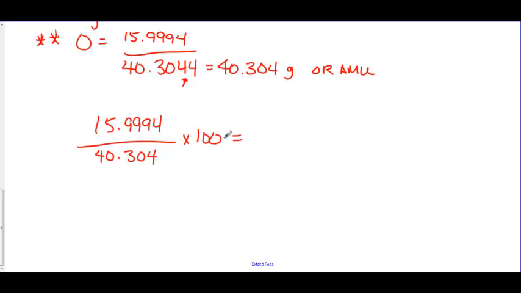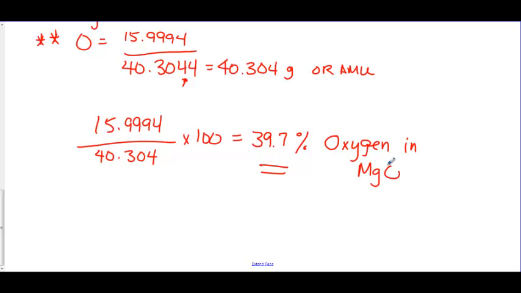Remember, to the nearest tenth, so we're going to get 39.7% oxygen in magnesium oxide. Okay, so the other percentage would be the magnesium. It's based on the mass of the entire formula.